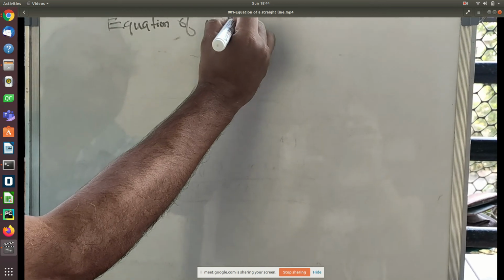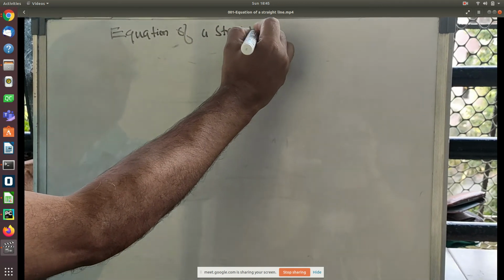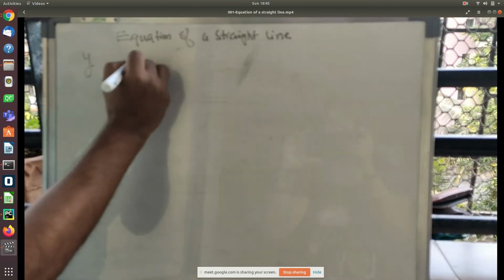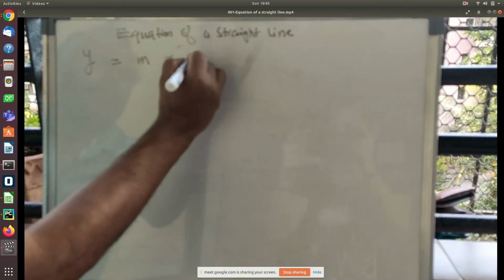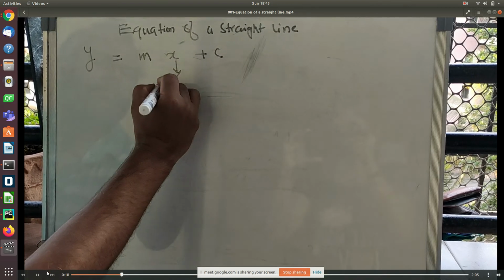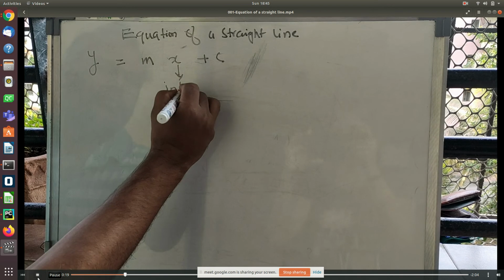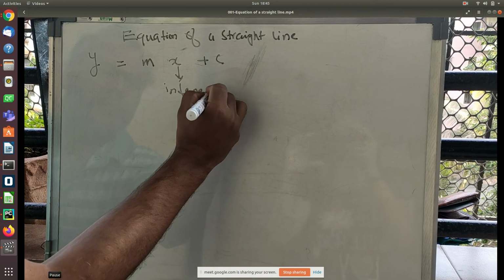It is very simple. Many have already said the equation of a straight line is y is equal to mx plus c. I stop my video here. You already said what is m and what is c. How many of you can say what is x? Independent variable. Exactly. And y is the dependent variable. That's a wonderful answer.